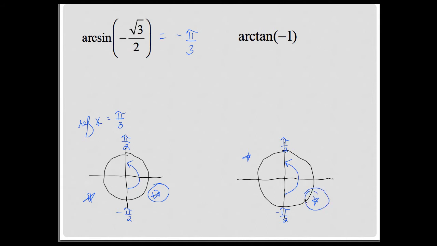So our one answer for this is going to be down there in the fourth quadrant. One angle from the unit circle has a tangent of 1. That's going to be pi over 4. And we want to be down there in the fourth quadrant. So our answer is simply negative pi over 4.